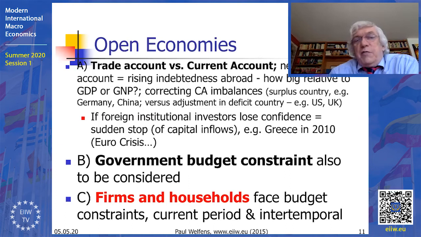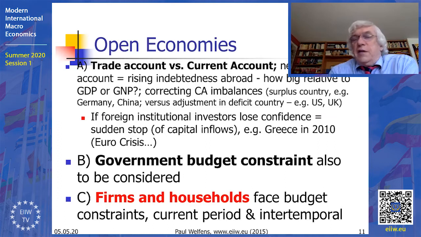Okay, one problem can occur if you have a big current account deficit over many years and you are then already strongly indebted abroad. So if foreign institutional investors lose confidence in the respective country, say because the rating has worsened, is no longer investor grade, so would be below triple B minus when you look at Fitch ratings, for instance.